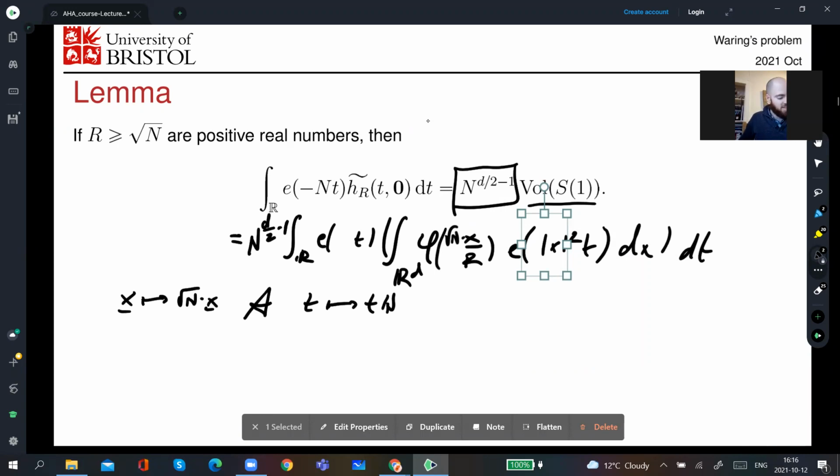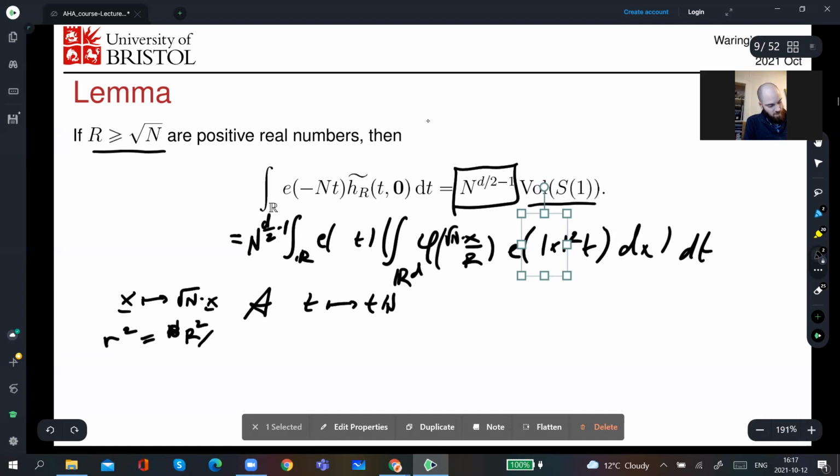I've given myself a little bit of flexibility right here. And I've just assumed that big R is bigger than or equal to square root of n. For what we mainly care about, R will equal square root of n, but for the moment, I'm not going to worry about that. And the way I'm going to handle that is I'm actually just going to introduce another parameter that captures this ratio, and little r squared will be defined as R squared over n.